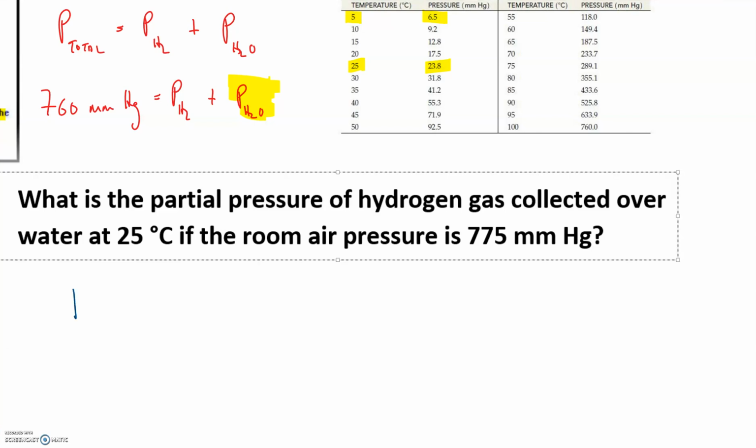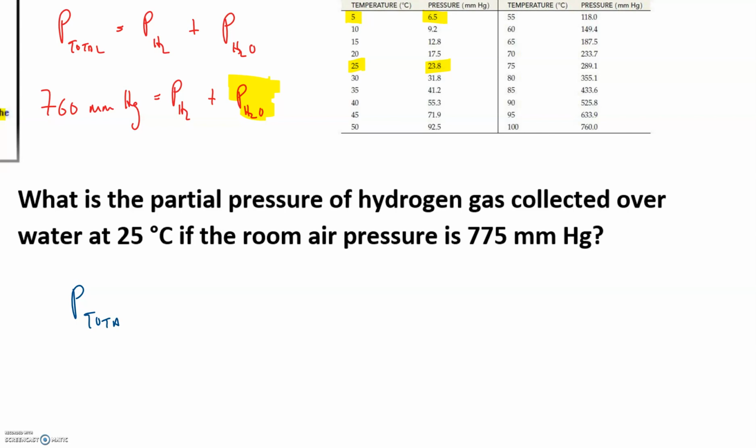So Dalton's law, as we've already seen, is that the total air pressure is equal to the sum of all of the individual gases that we are collecting. Well, we happen to know that the room air pressure is 775 millimeters of mercury. And that means that the total pressure inside the trap has to be the same.